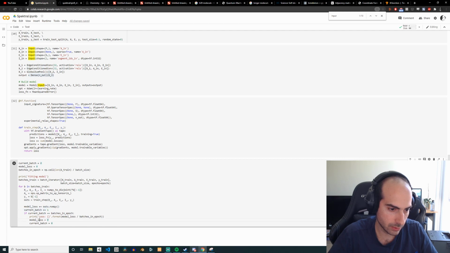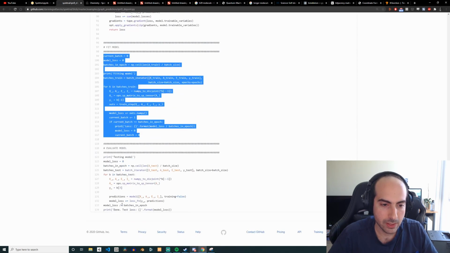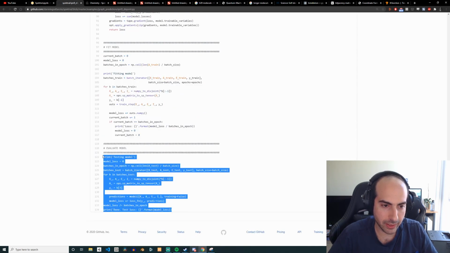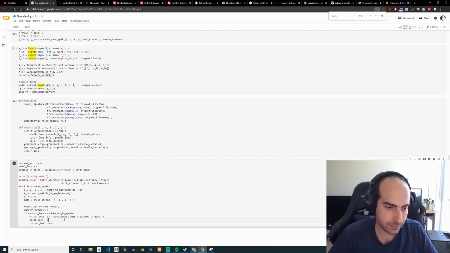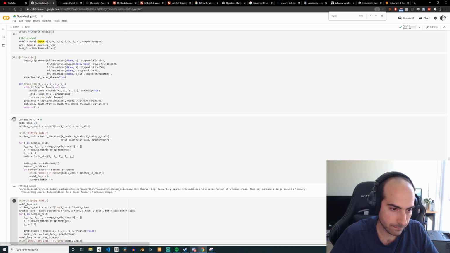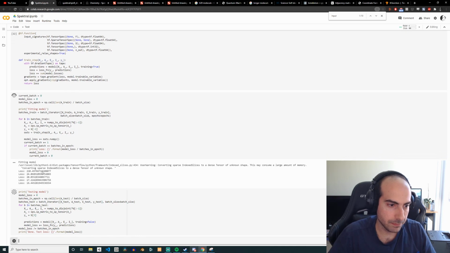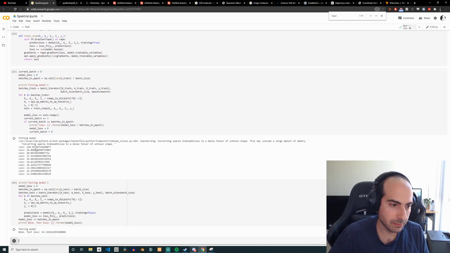Model.loss equals 0. All right. So finally, at the very end, see, look, right now it's already fitting the model, and it doesn't run for very long since it's a fairly small data set. The loss keeps going down.